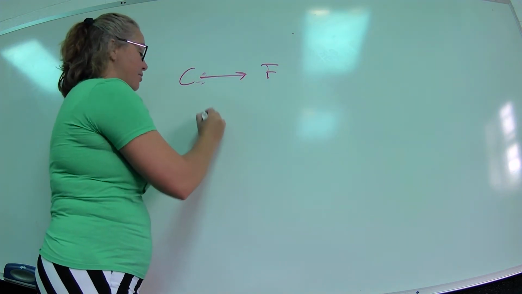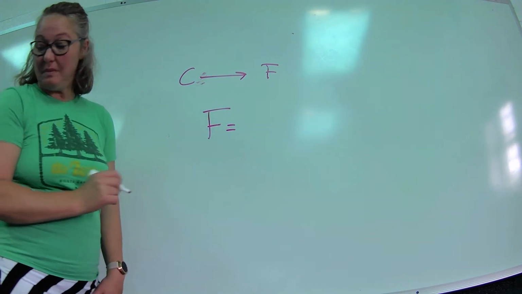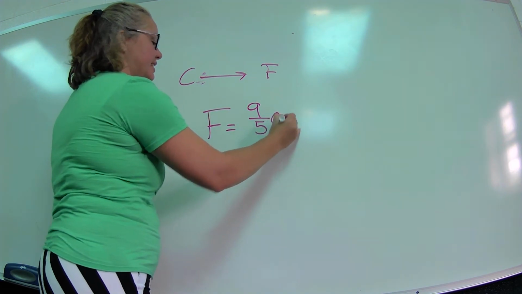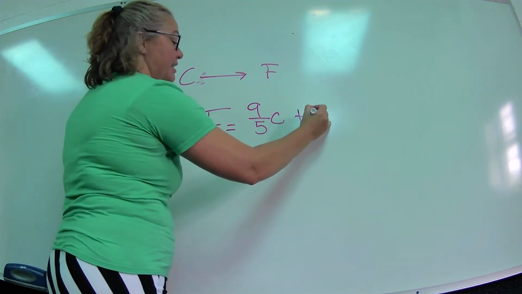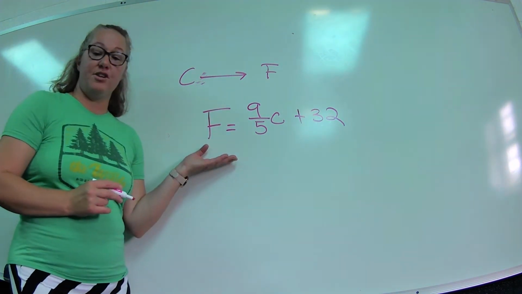We're going to start with learning the formula. Fahrenheit equals 9/5 C plus 32. You must learn this formula.